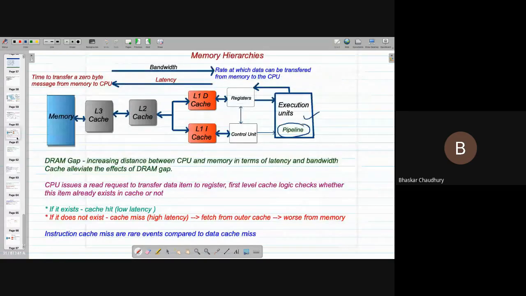Now, this pipeline, which is a very sophisticated system, will give you very good performance only if you can provide it the required amount of data at the right point of time. If there is a delay in giving the data to this sophisticated pipeline, it is not going to give you performance.